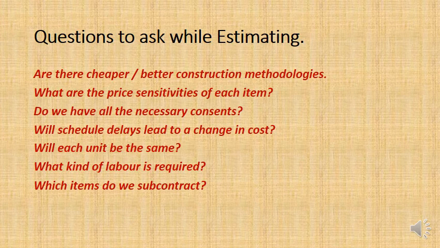Are we getting all of the necessary consents, all of the permissions from the government? These are often line items which cost a surprisingly large amount of money, and often we forget to price them. So remember that.